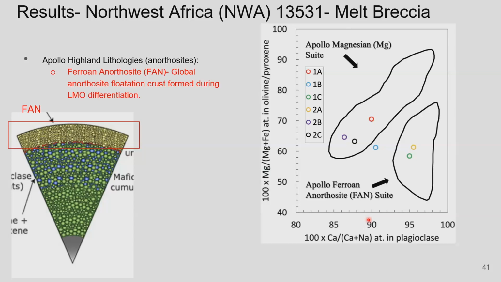So if I were to just extend this plot to the left, they plot somewhere between like 30 and like 50. Here, the calcium over calcium plus sodium ratio in plagioclase from the moon is distinctly very calcium rich. And so it's going to be 85, 90, 95. And you don't really see that on Earth, except in very rare occurrences. So with good certainty, you can use that to say these are probably from the moon.